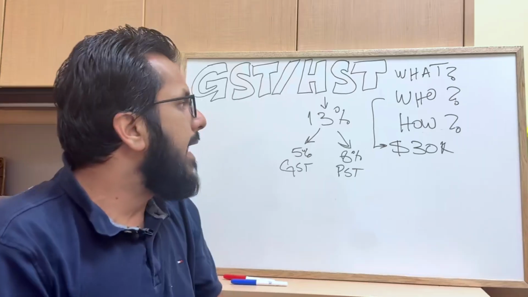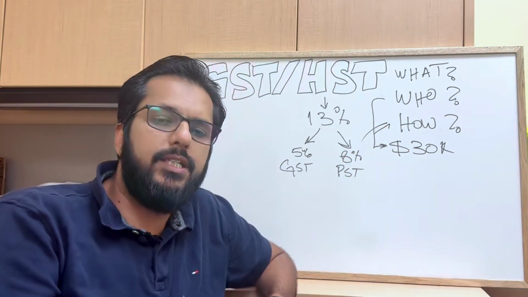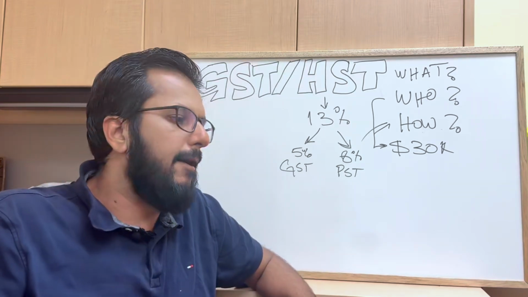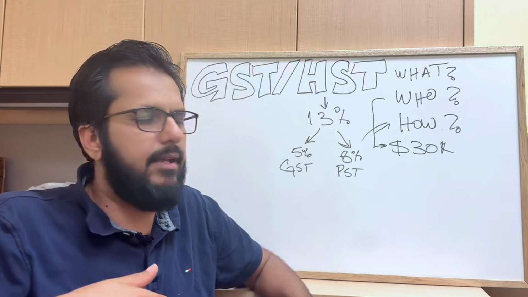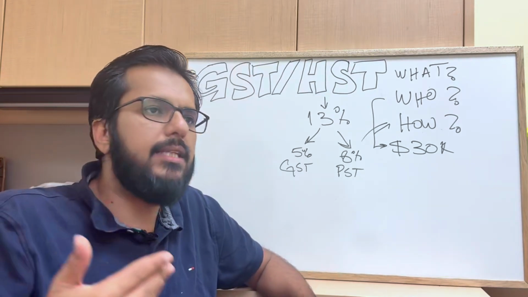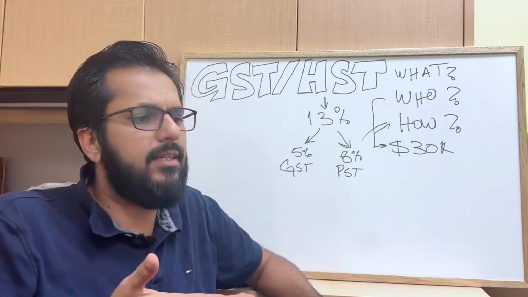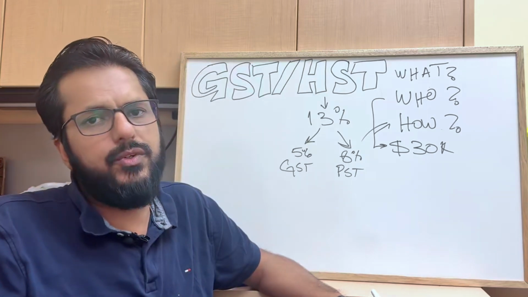All right, now coming to how you can register for HST. It's a very simple process. You can do it online, on the CRA website. You can apply for an HST number online, as well as make a call to CRA and just tell them that this is my business, this is what I do, and I want to register for HST.